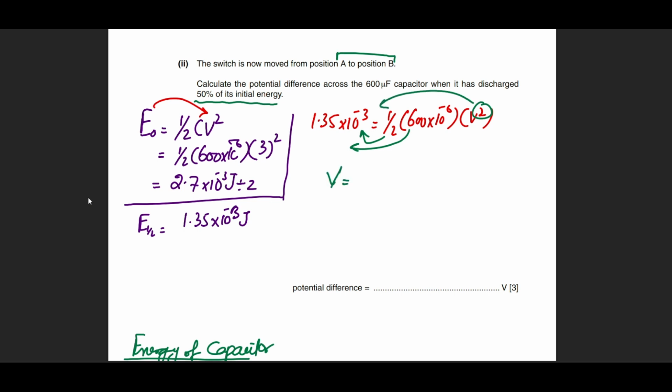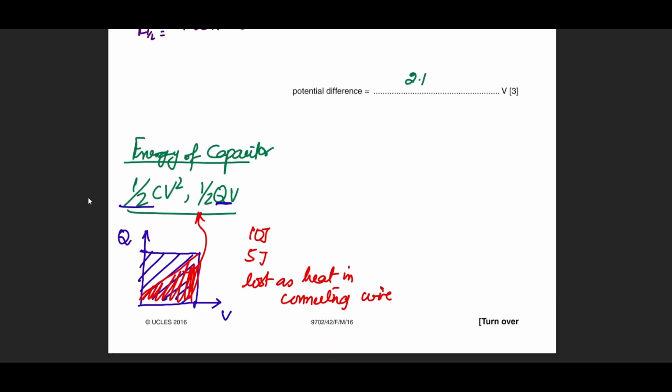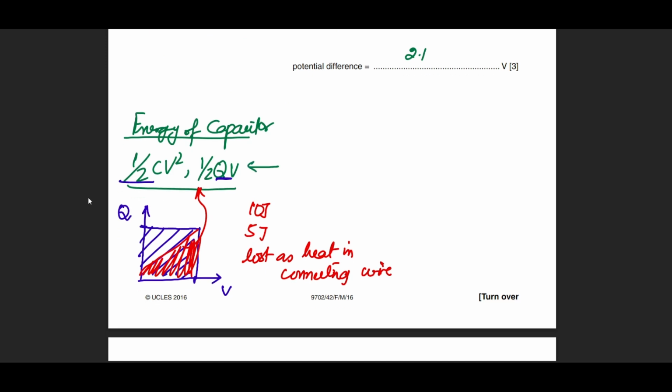So the voltage comes out as 2.12, which can only be written as 2.1 up to 2 significant figures. So if this capacitor was discharging through the circuit, it would have had 50% of its energy dissipated at merely 2.1 volts. I hope you understand how to use these equations as well.